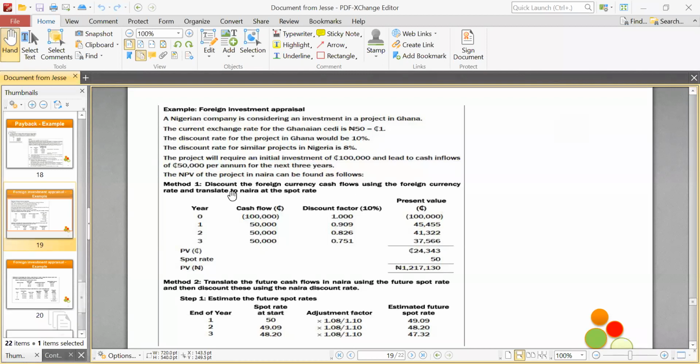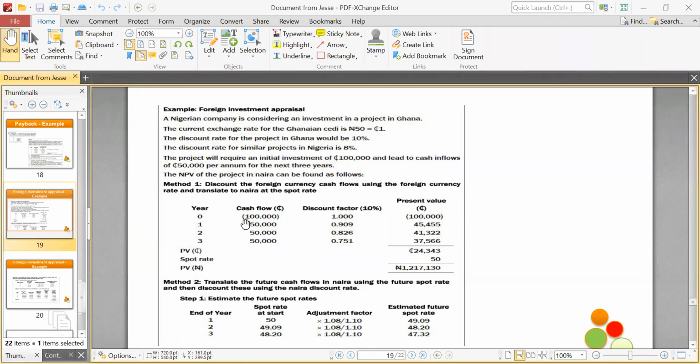So in year zero, you have your initial investment of 100,000. Now, anytime you are doing NPV or net present value, you discount your cash flow into the present. Now, what does this mean? Very, very simple.